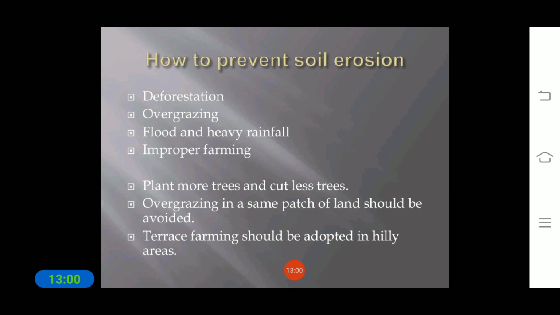Plant more trees and cut fewer trees, overgrazing in the same patch of land should be avoided, and terrace farming should be adopted in hilly areas. These are the steps we can take to prevent soil erosion.